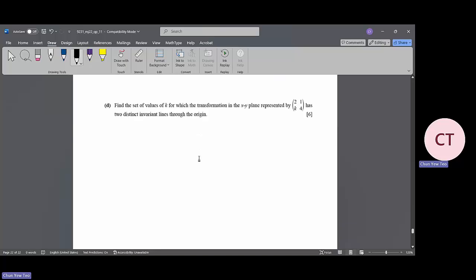Find a set of values of K for which the transformation of the XY plane represented by the matrix here has two distinct invariant lines through the origin. Okay, two distinct invariant lines through the origin. So right here, we just need to let our invariant line be y equal to mx, no c.